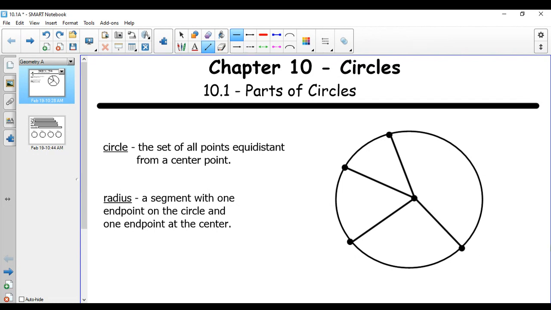All those distances are the same because every point on the circle has to be the same distance away from the center point. When we draw those segments in, what we are drawing is the radius of the circle. The radius is a segment with one endpoint that's on the circle and one endpoint at the center of the circle. So those four segments that I drew in all represent the radius.